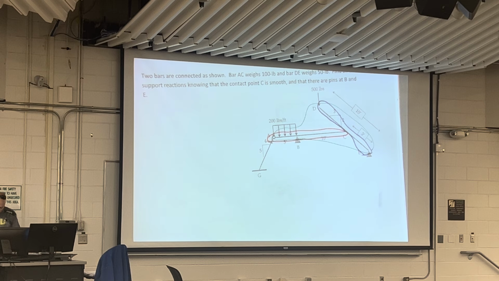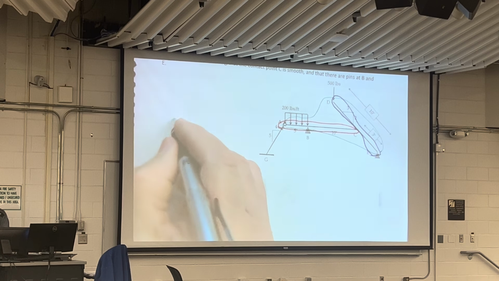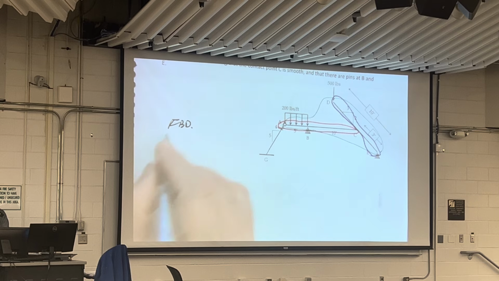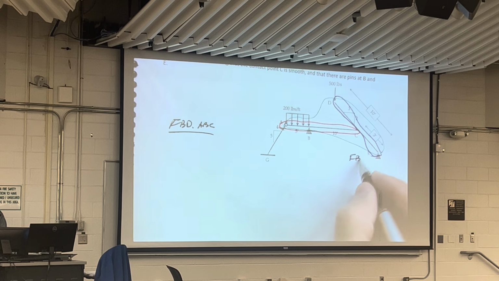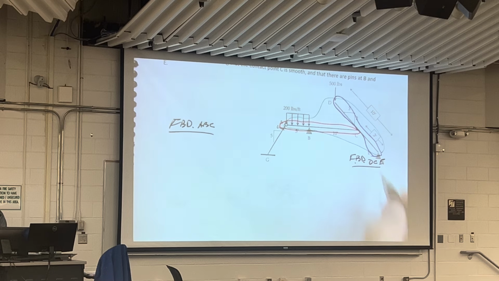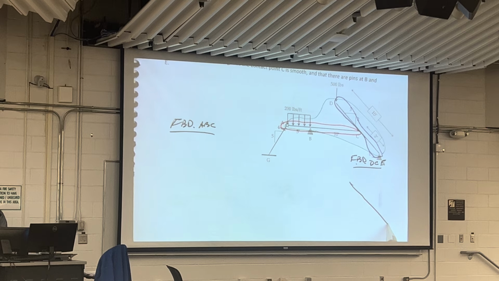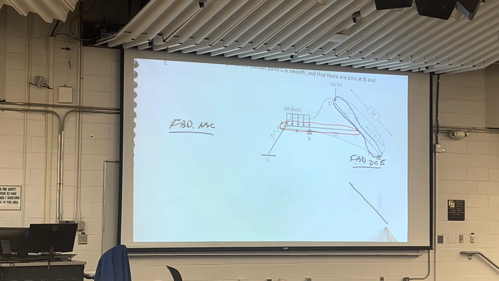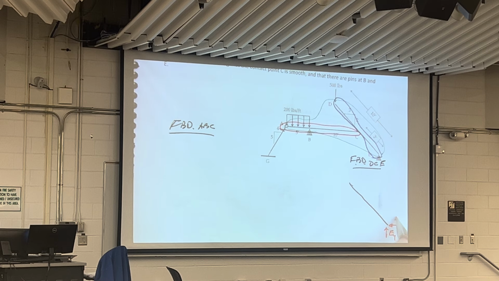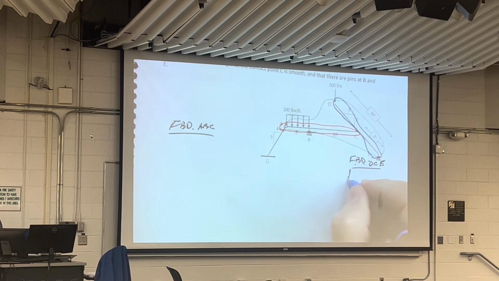So I have a free body diagram of ABC, and I'm going to have a free body diagram of DCE. DCE will look like this, where I will have an EY and an EX. Of course, I have this single force of 500 sitting up here.